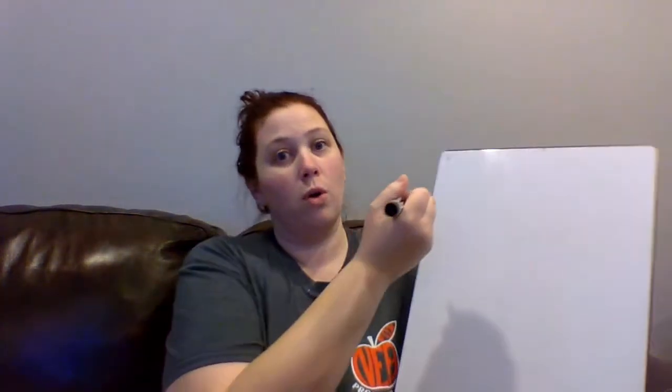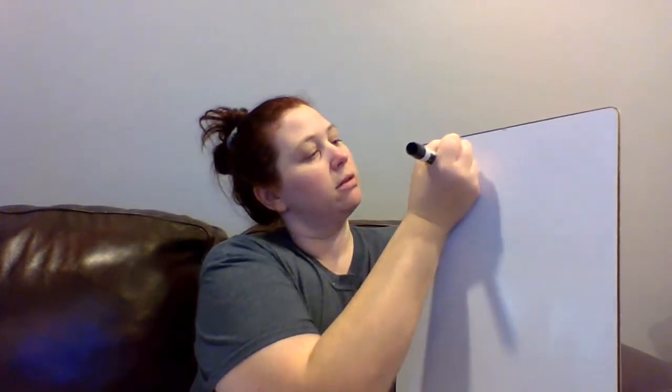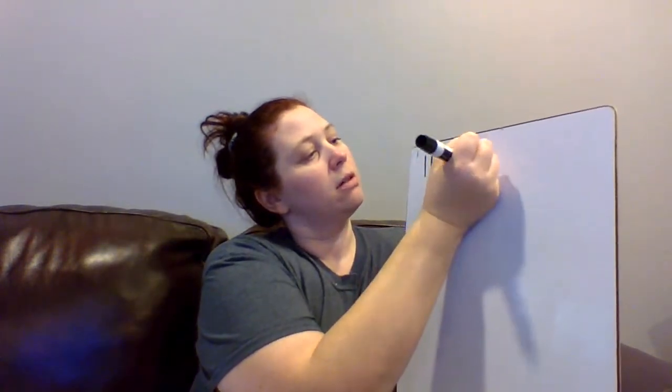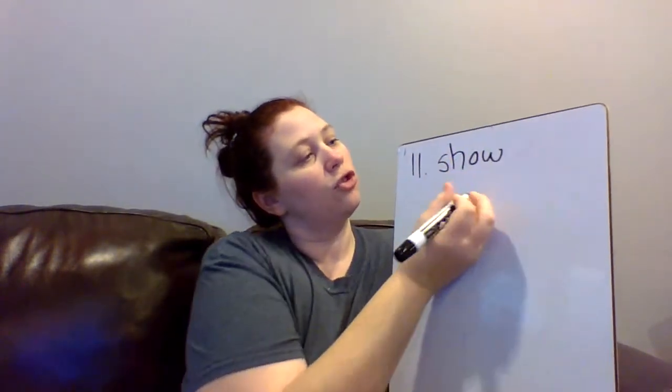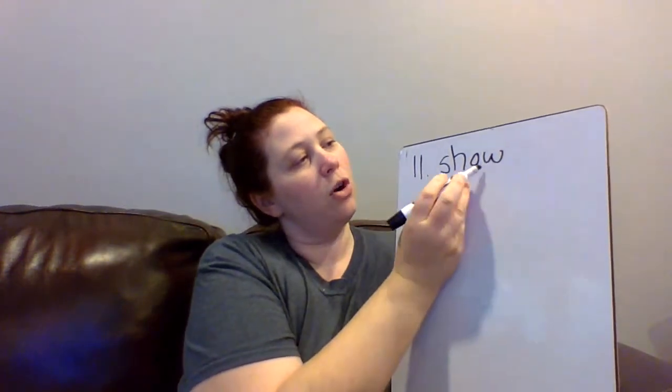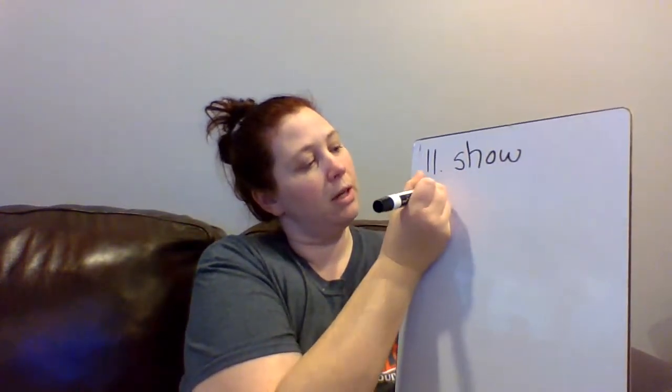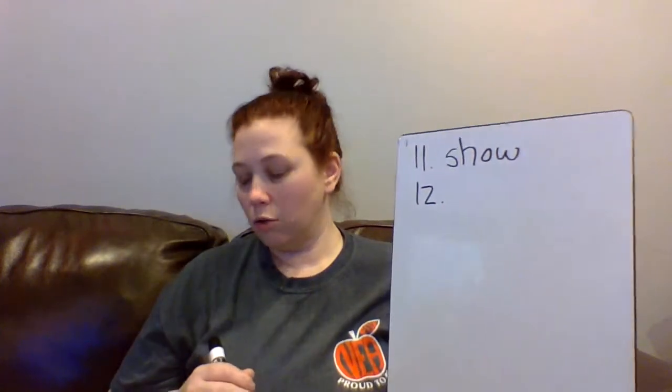All right, then we're going to practice spelling a couple of words. We are going to spell show for number 11. S-H and O, O-W at the end there to make that O sound.